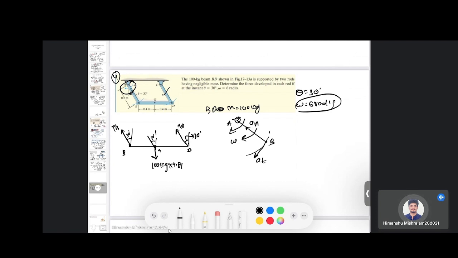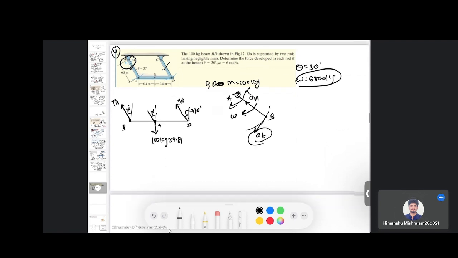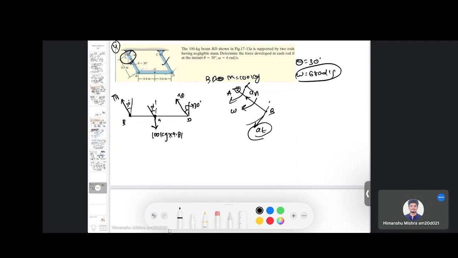And then there is an angular acceleration, and the direction of angular acceleration coincides with the tangential acceleration, right? So defining the coordinate system, this is my tangential direction and this is my normal direction. So there is AT in the tangential direction, and my normal acceleration is acting along my normal direction.